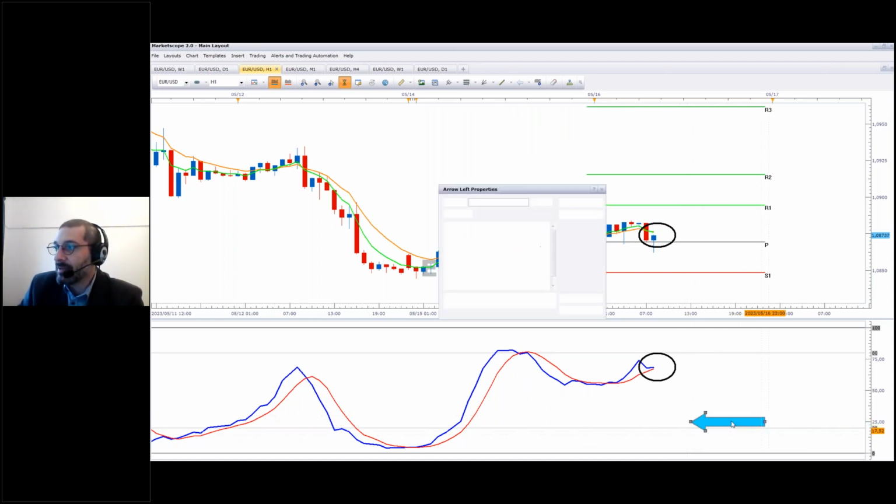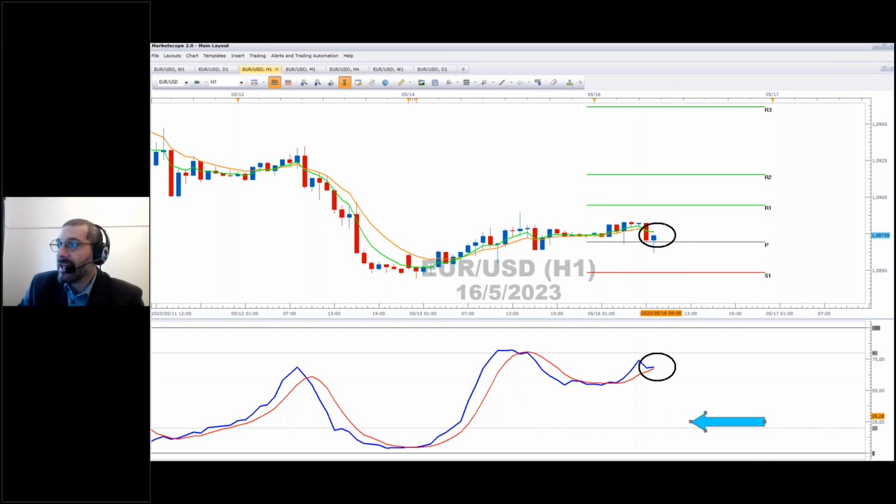I think we do get a push down to the bottom here. If there is some sort of sensible negotiation, then I think that the dollar gets sold down, euro gets supported. So there are catalysts in the market. The question is, which way do you think the negotiations are going to go? And that meeting's happening today.